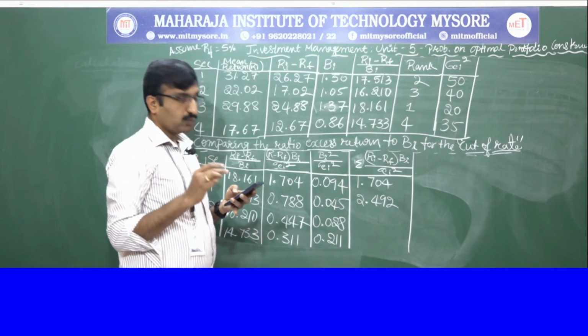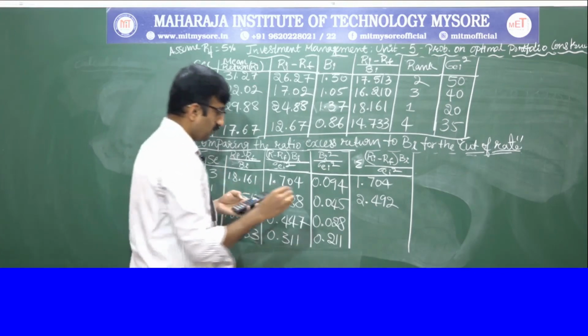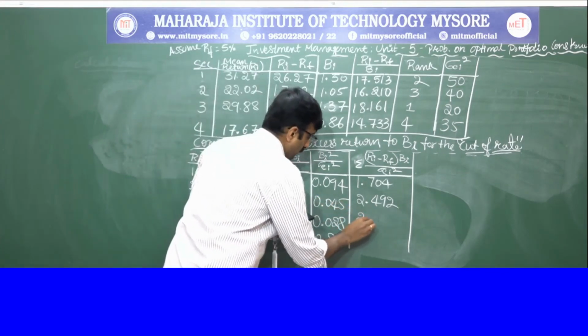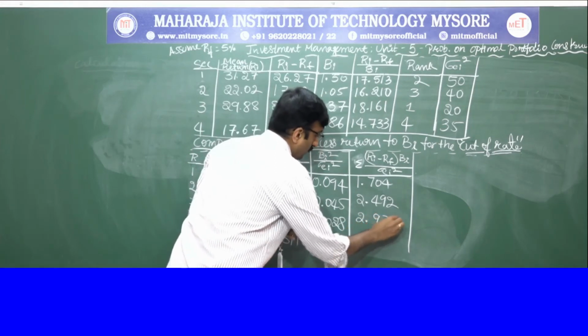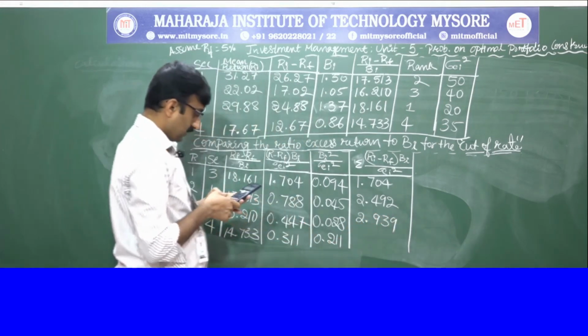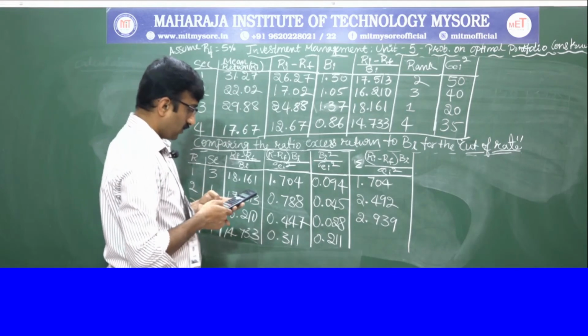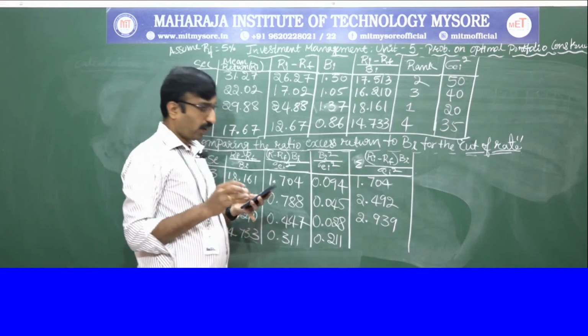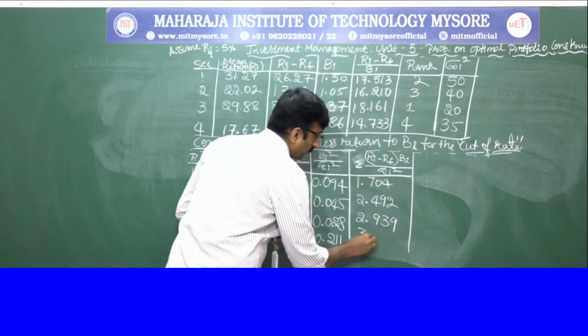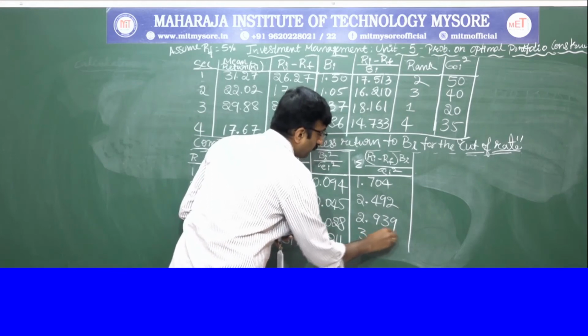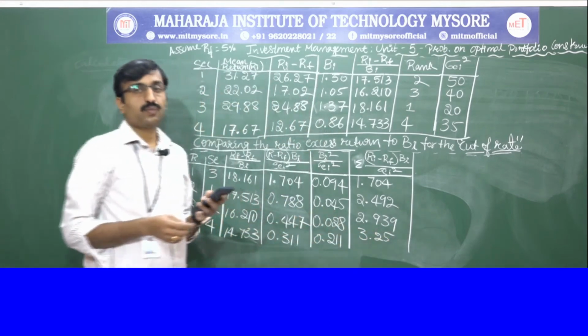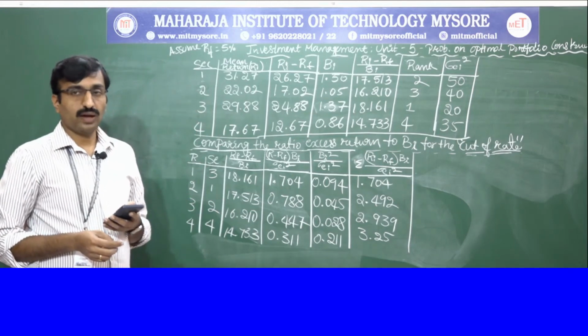If you do, we will get 2.939, 2.939 plus 0.311, you will get 3.25. You will get 3.25. Okay.